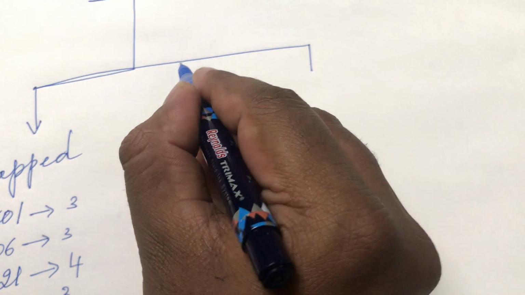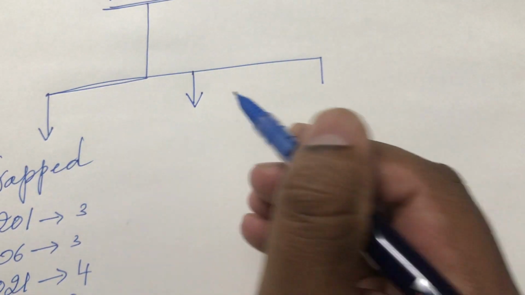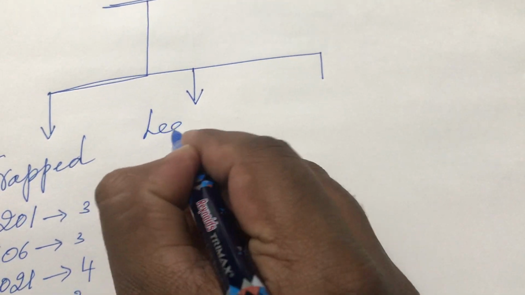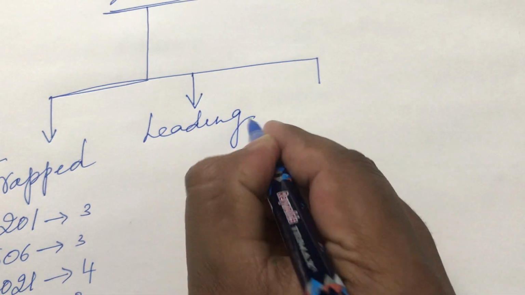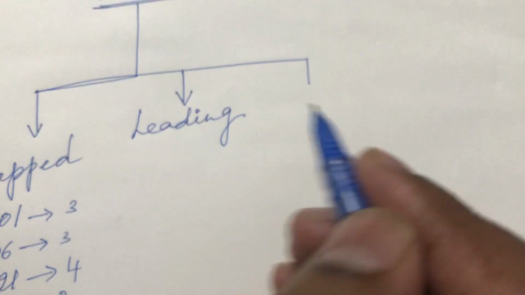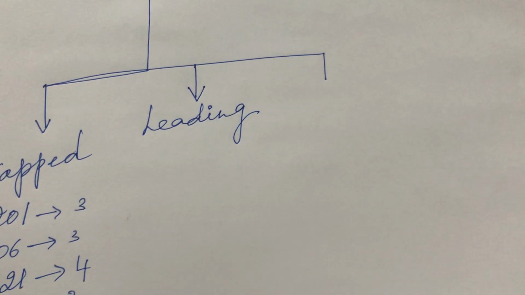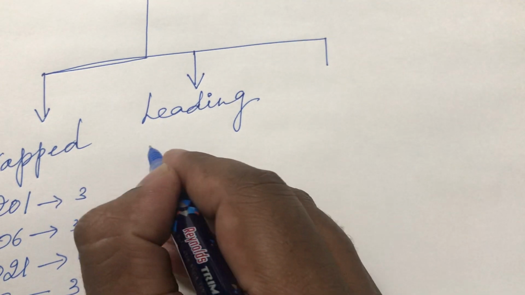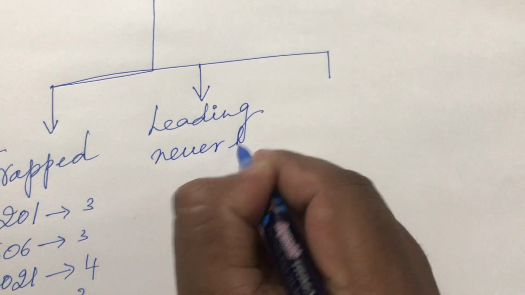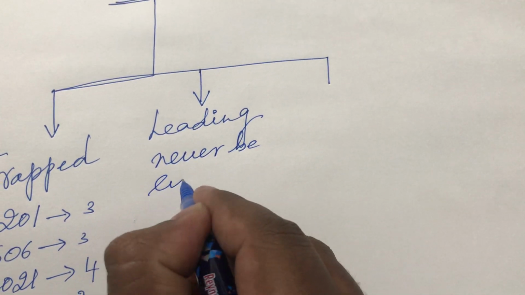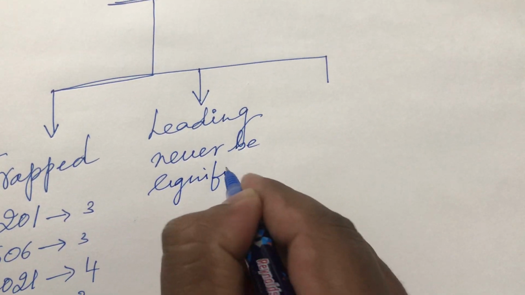Next one is leading zeros. The leading zeros will always be considered non-significant. Leading zeros can never be significant.